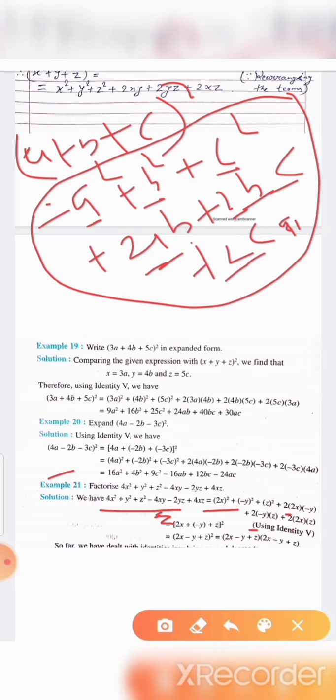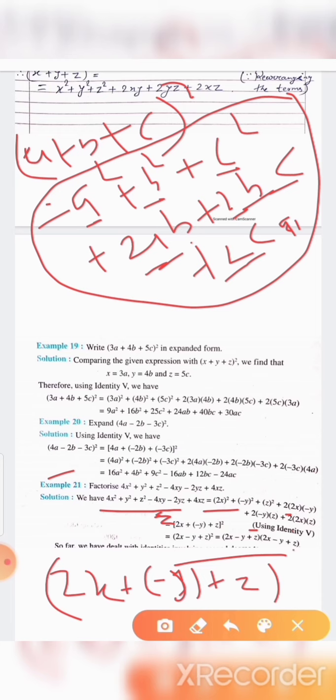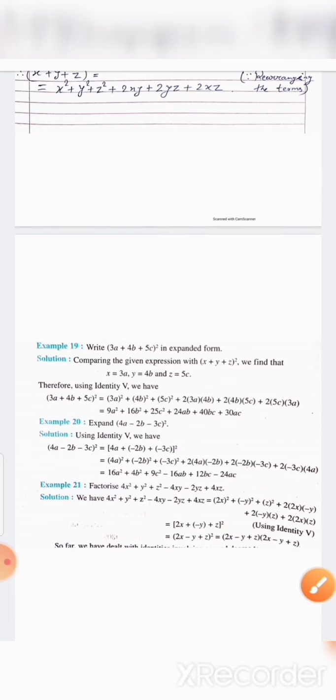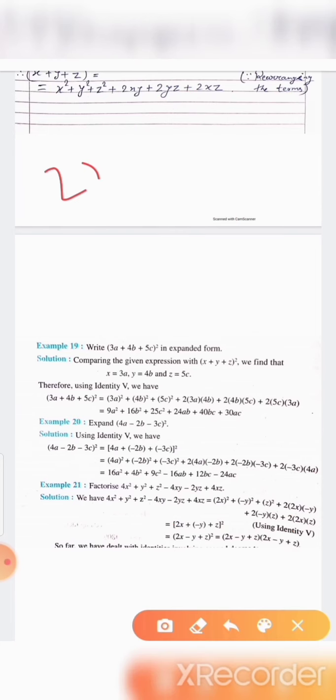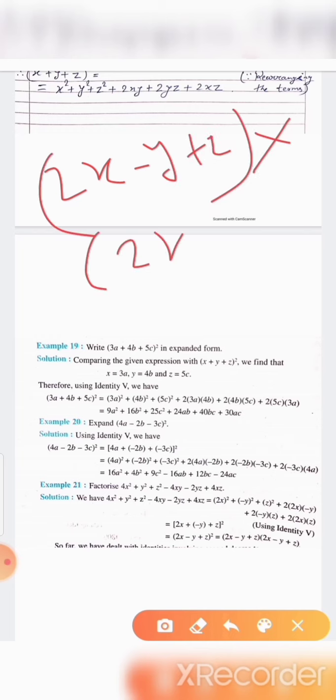So we write the LHS of identity number 5. Substituting the values, we get 2x plus minus y plus z whole square. We write the factorization of this term as 2x minus y plus z multiplied again in the bracket by 2x minus y plus z. So it will be the factor of the polynomial.